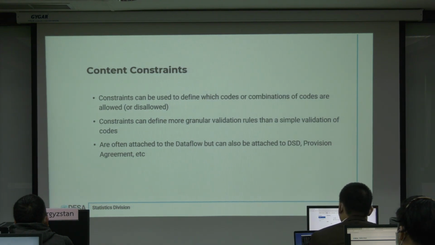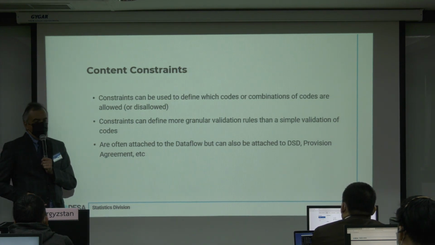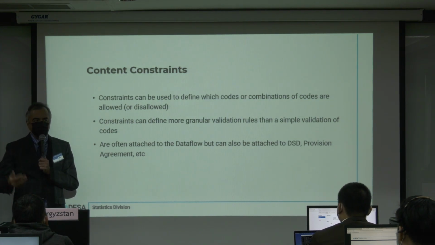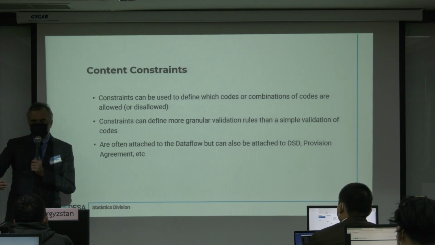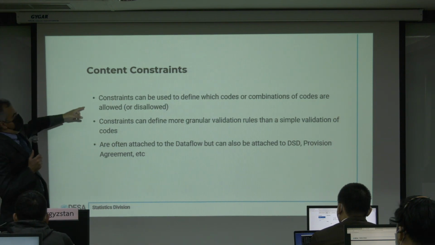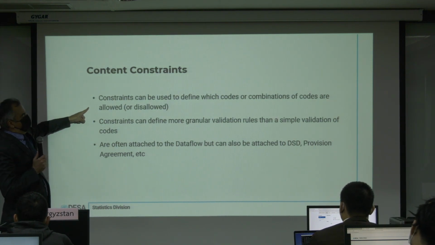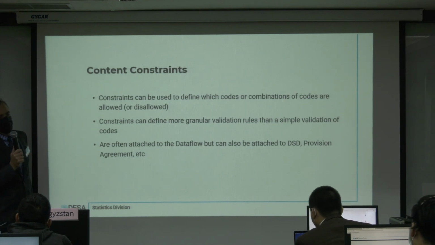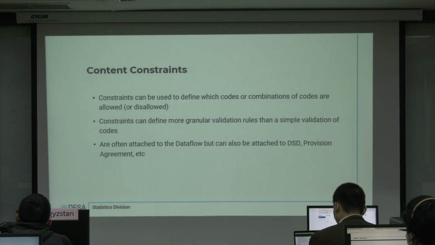But how does it happen in practice? How do you tell the computer that goal 5 only has these indicators, but not all the others? And you achieve this using SDMX content constraints.